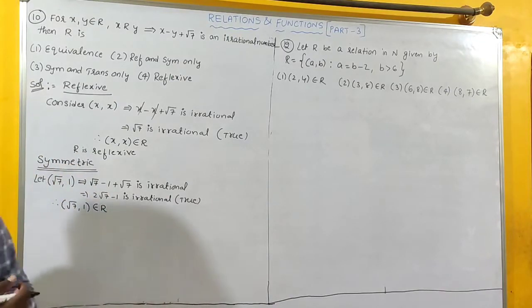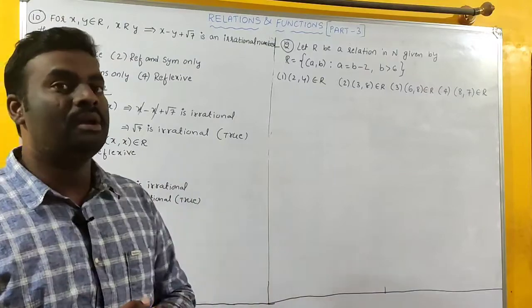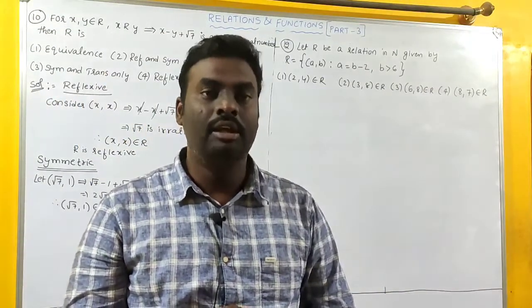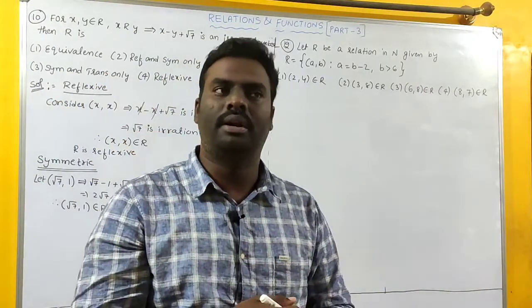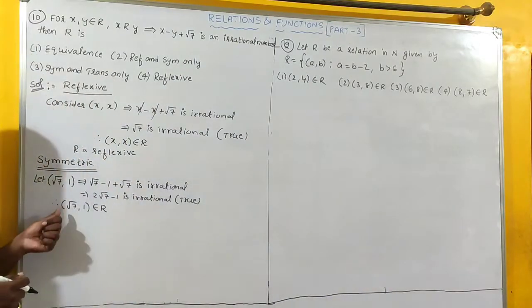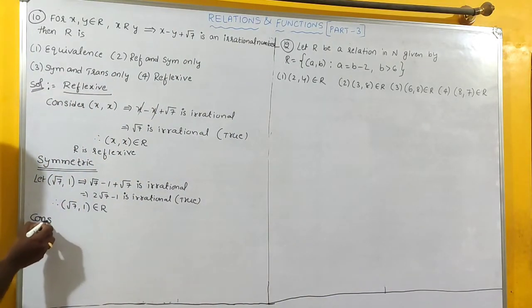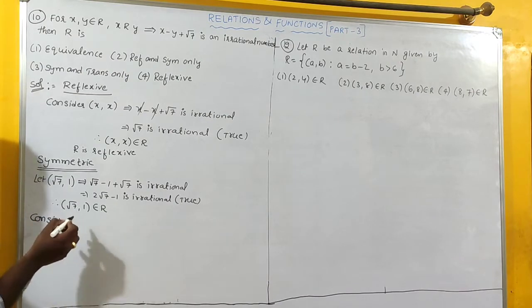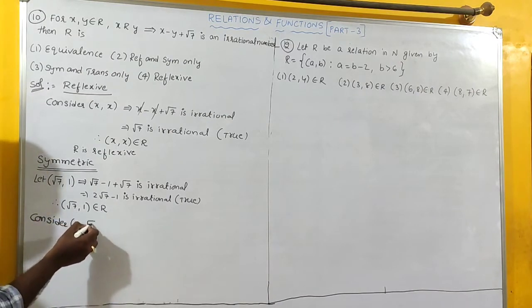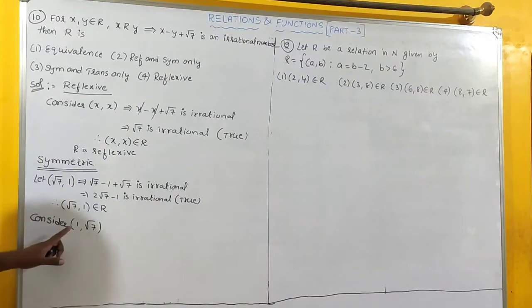What is the symmetric definition? If A, B belongs to R, then B, A also belongs to R. Here root 7, 1 belongs to R. Consider the reverse of this pair, 1 comma root 7. Now this is x, this is y. Substitute here.